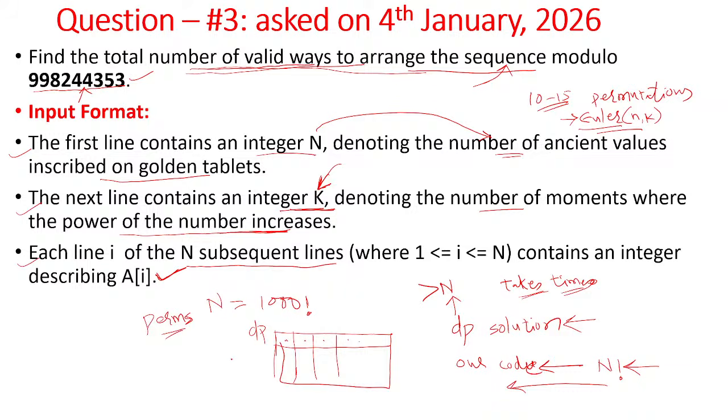But in DP we add the arrangements one by one, so it takes less space and is faster, because if something is already calculated, you can get it directly from the table. That's why the DP solution is more efficient than this code.